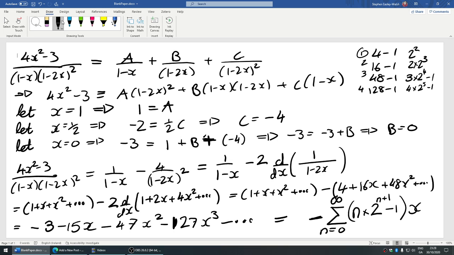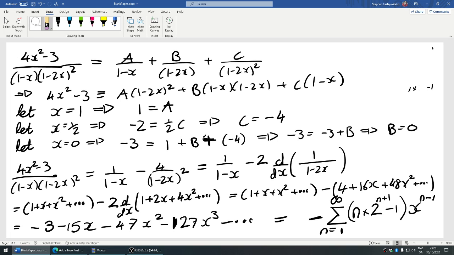Oh, yeah, we start at 1. It does actually start at 1. Okay. But the powers are 1 less. That's x power n minus 1 then. So the first one is 1 times 2 squared minus 1. Yep. Well, maybe it would have been quicker just to, well, anyways, that's it done.